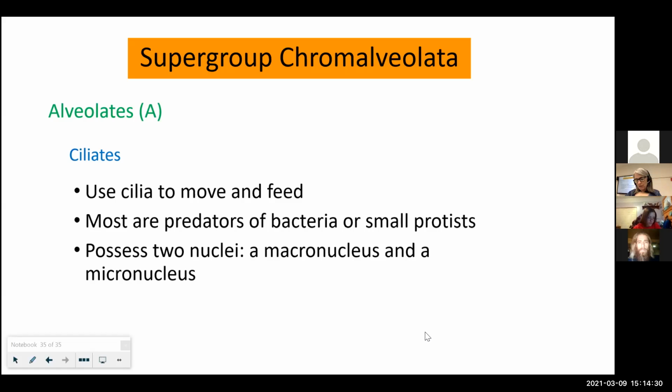The function of this is for a really weird sexual process, horizontal gene transfer, that is called conjugation, and that we will look at in a moment.